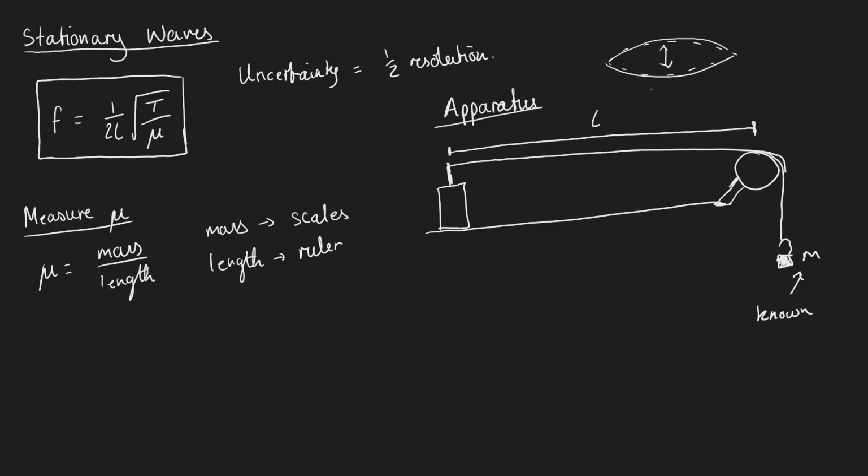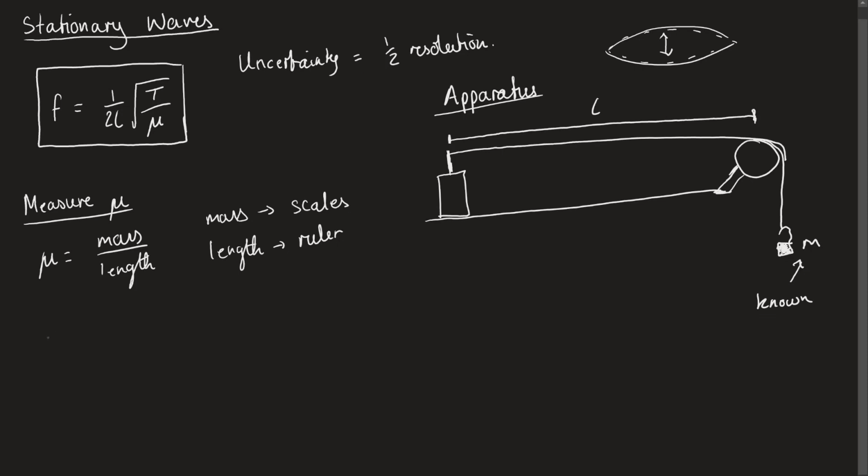Now in order to do that, you need to make a few measurements. Actually, let me put this in a table for now. So let's have a table where you need to measure the mass, and we're going to put it in kilograms straight away, of what you're putting on the end here.